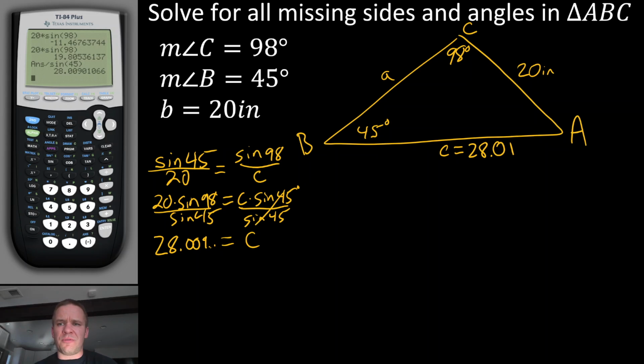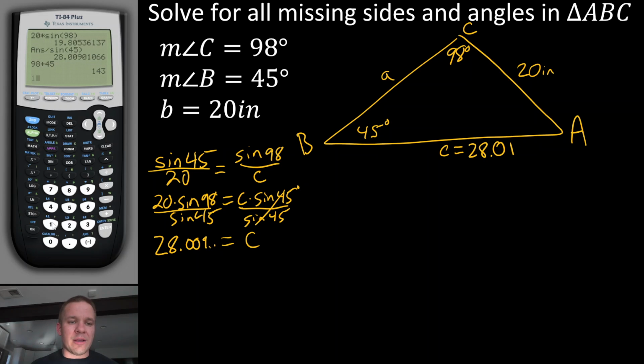Could we perhaps figure out what the measure of angle A is as well? Yeah, actually, I can do that pretty easily, right? And if we don't want to do this in our heads, that's fine. I'm going to add my two angles together, 98 plus 45, and then I'm going to do 180 minus that, right? So we've got 143 for that.